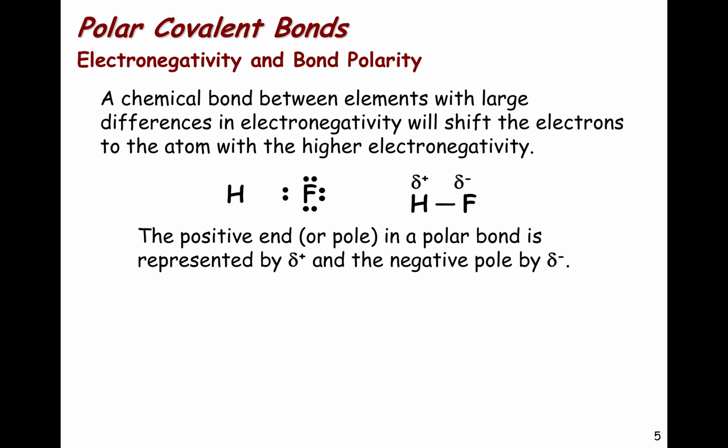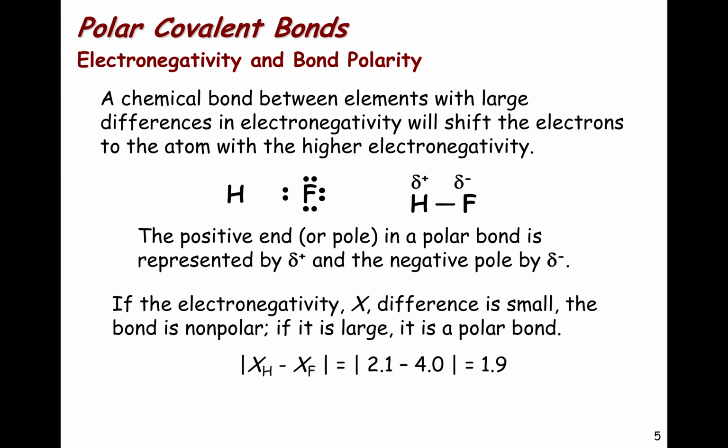The fraction associated with this overall positive and negative charge is denoted by the Greek letter delta, as shown here. So one end of the molecule is positively charged, the hydrogen end, and one portion of the molecule is equally negatively charged. We refer to this as a dipole, or a polar bond, and therefore we have a polar molecule.